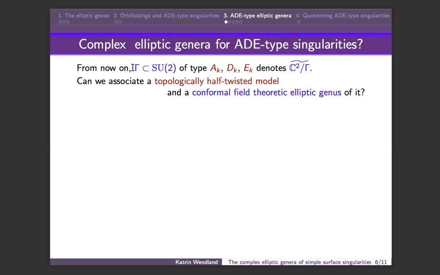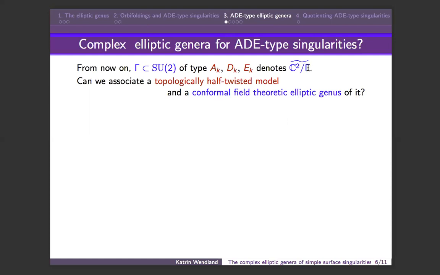And I also told you that in order to calculate an elliptic genus, you don't need the full-fledged superconformal field theory. It's sufficient to consider a topologically half-twisted model. So we should try and construct a topologically half-twisted model associated to this geometry, and then determine its conformal field theoretic elliptic genus according to the formula that I gave you earlier.